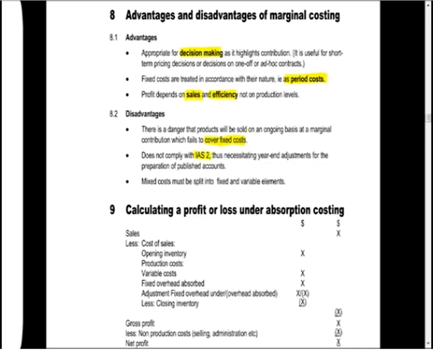It also doesn't comply with IAS 2, whereby the value of closing inventory must include production overheads incurred in producing those products to try and match the cost of production with when the sales occur. It also means that we have to split mixed costs into fixed and variable elements. That last one shouldn't be too much of a problem because remember we can use the high-low method to do that.